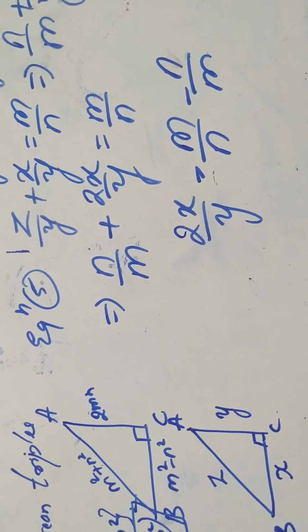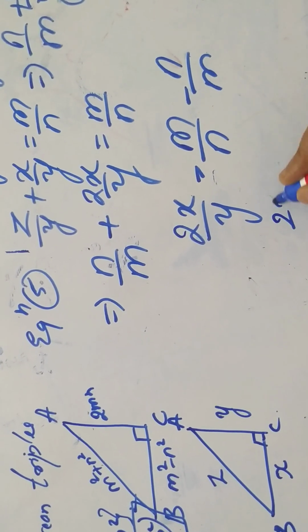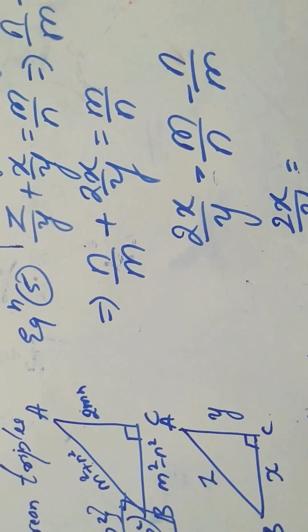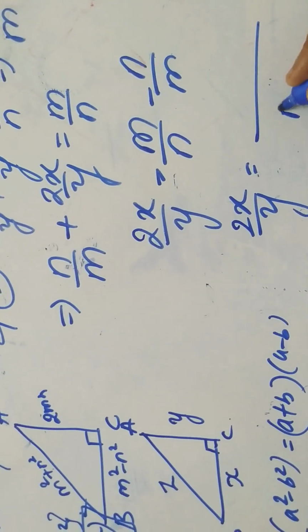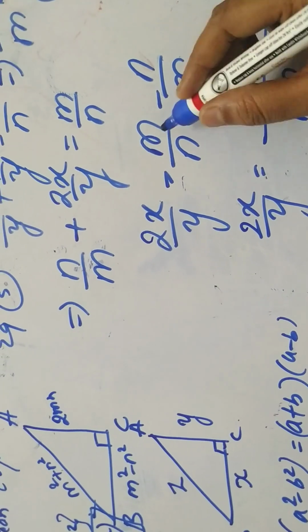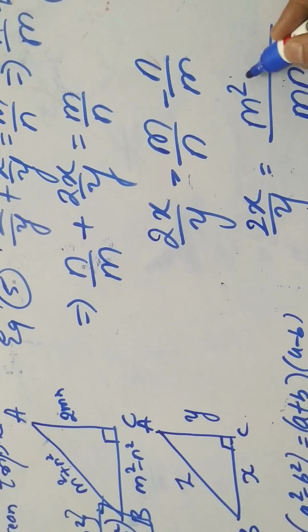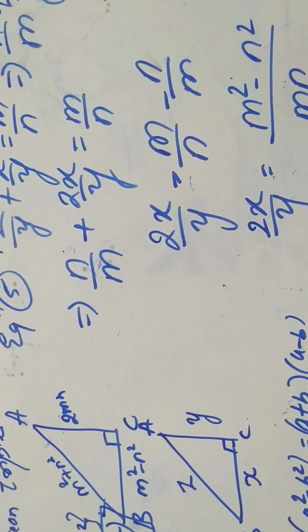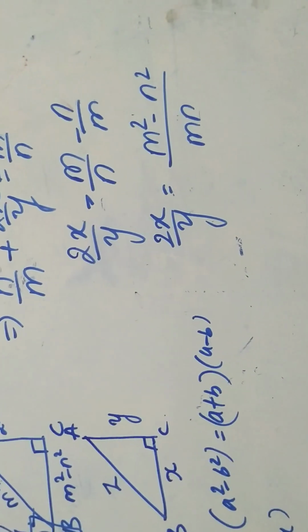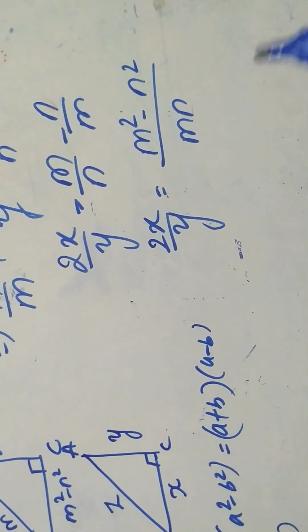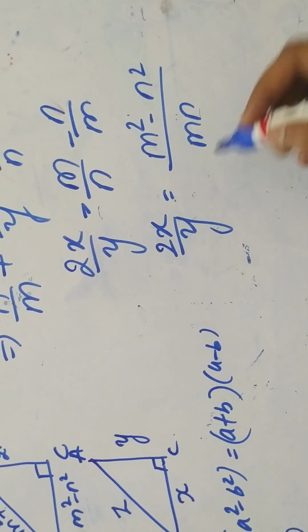We can simplify the RHS by taking LCM. So 2x by y is equal to, so the LCM becomes mn or nm. Cross multiplying, m into m becomes m square, n into n becomes n square. I don't want this 2, so I'll shift 2 also.